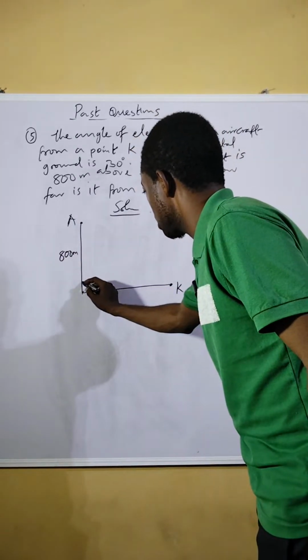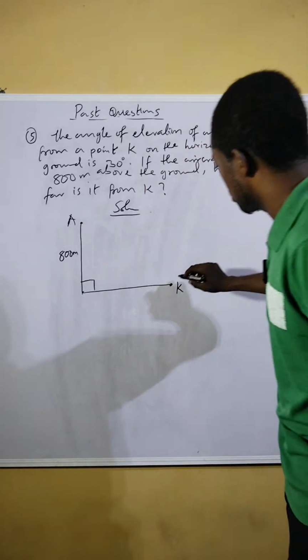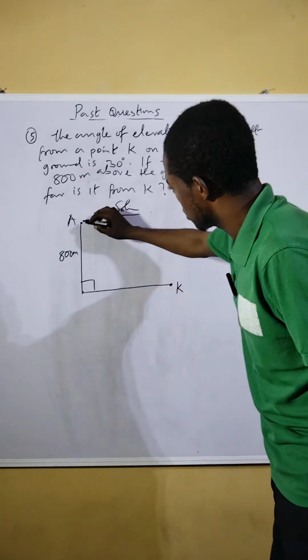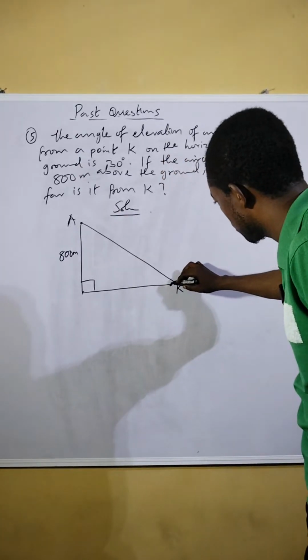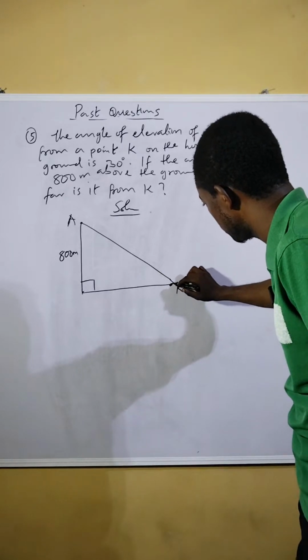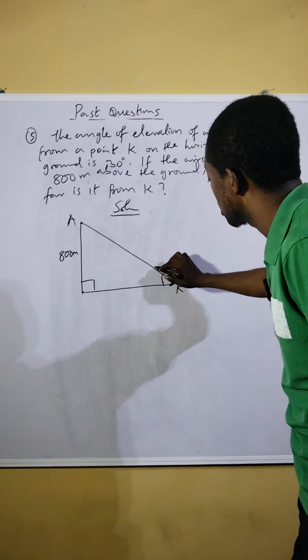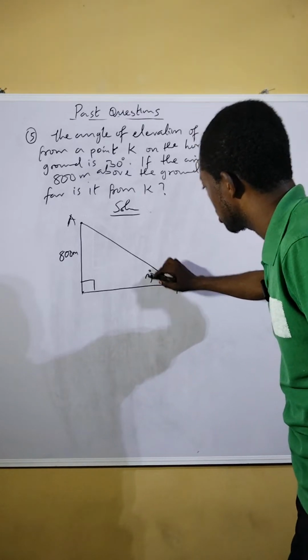Then, of course, this angle here is 90 degrees. And the angle of elevation from this point K to the aircraft, the angle formed when looking up from this point K to this aircraft, is given as 30 degrees.